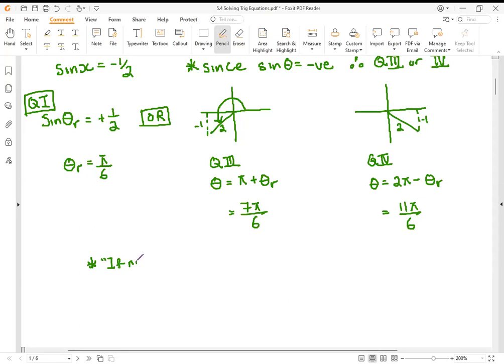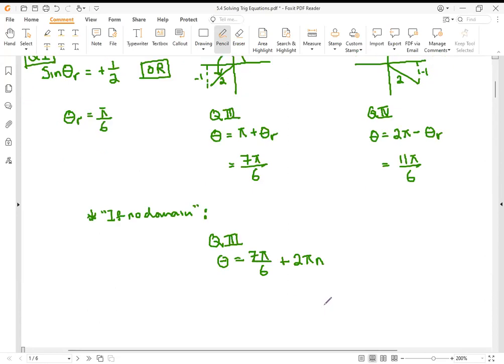If no domain, your answer would be: quadrant 3, the angle is 7 pi over 6 plus multiples of a full rotation. And of course, n belongs to the integers.